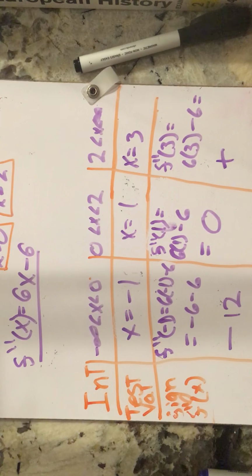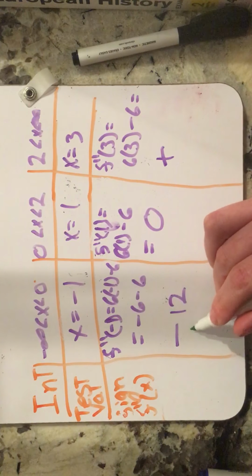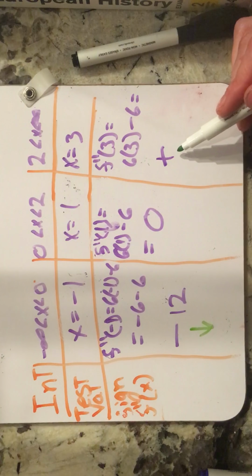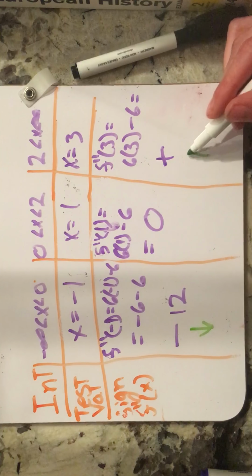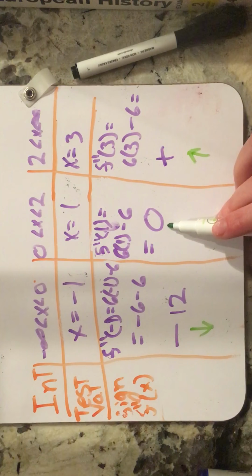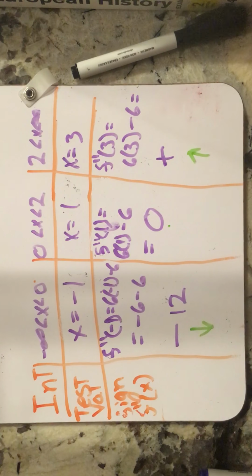This is a negative from negative infinity to 0, so we know this is going to be concave down. This is a positive, so it's going to be concave up. And this 0 is what we call concave 0 or concave flat. Let me show you what this is.